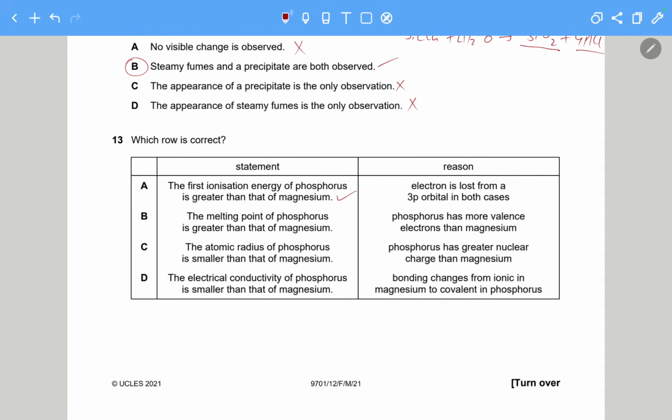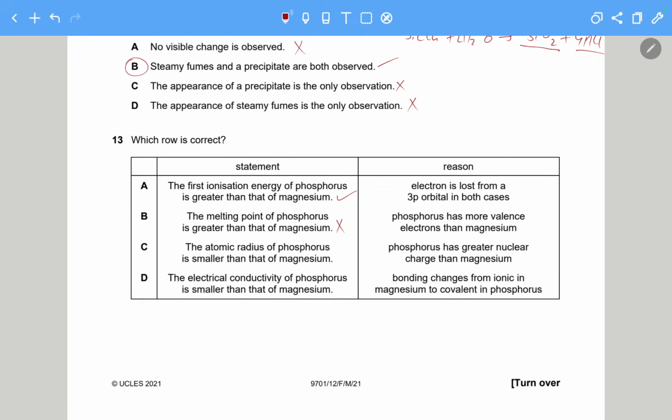The melting point of phosphorus is greater than that of magnesium. This is not correct, because magnesium is a metal, metallic bonds, phosphorus is a non-metal, covalent bonds, and we know that metallic bonding is very strong, melting points of metals are high, and therefore B is wrong. The statement is wrong, so we know B cannot be the answer.